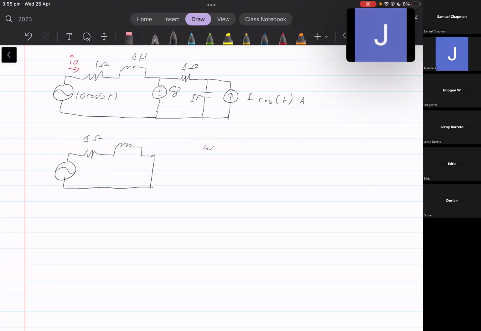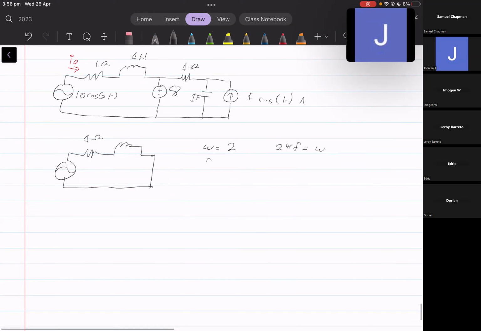This one actually has a frequency of 1 hertz because you have to actually tell even the frequency. So here we have omega is equal to 2. And if we remember, 2 pi f is equal to omega. So then here we can say f is going to be 1 on pi.